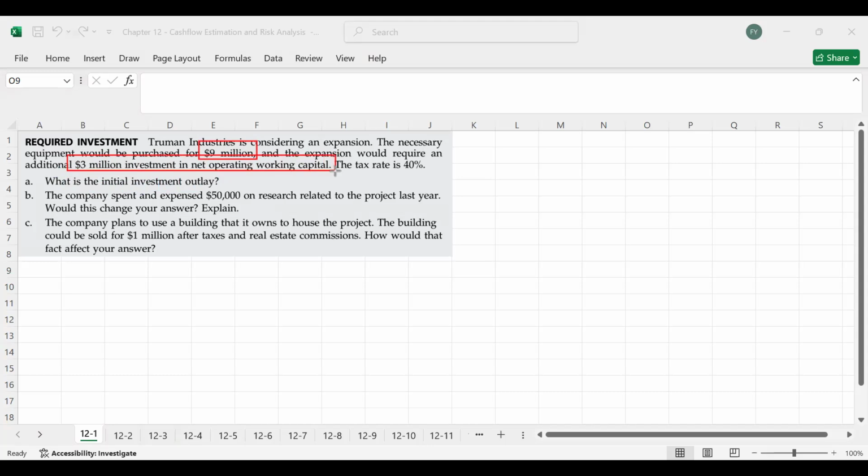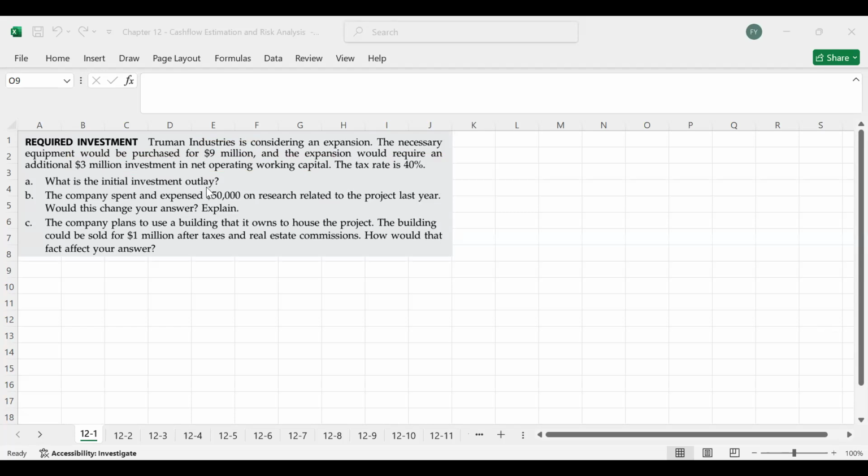So these are the two outlays: one is the equipment cost and another is the net operating working capital required. The tax rate is 40%. So the first requirement is, what is the initial investment outlay?